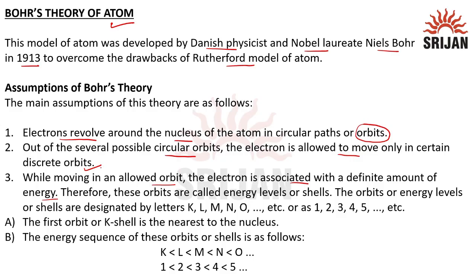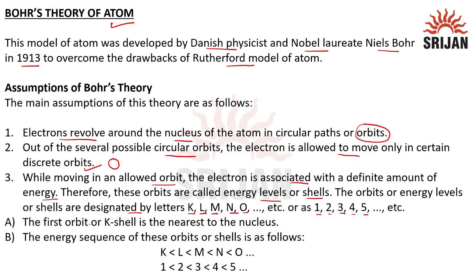That means the orbit in which the electron is revolving is a fixed energy orbit. Therefore, these orbits are called energy levels or shells. The energy levels are designated by the letters K, L, M, N, O, and so on, or we can say 1, 2, 3, 4, 5 shells.